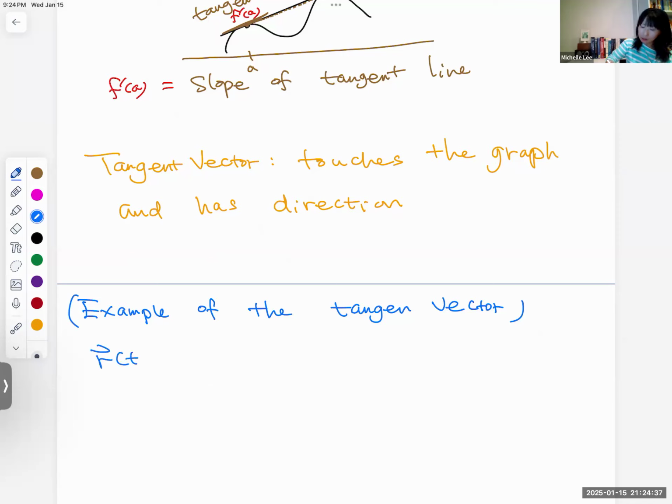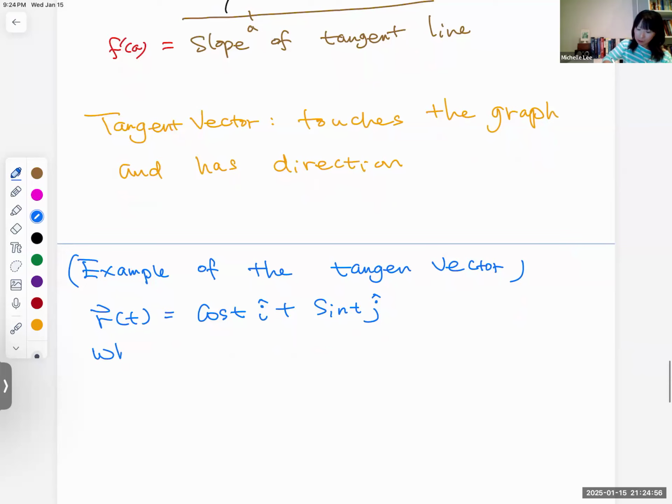We have the vector valued function, which is cosine t and sine t, so plane, two-dimensional. And when t equals pi over 6, we have r of pi over 6 equal to cosine pi over 6 i plus sine pi over 6 j.